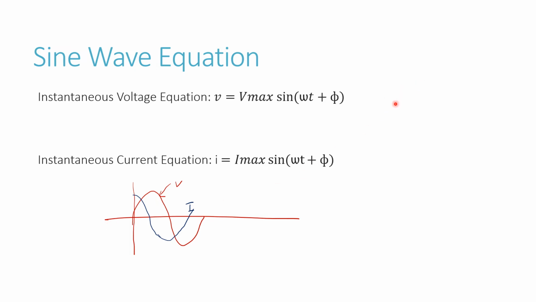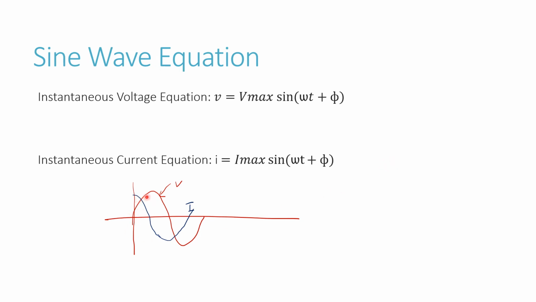And this angle here tells you how much. If we assume, for instance, that the voltage starts at 0, so the phase angle is 0 and the reference point is 0, the current would have an angle that is leading.